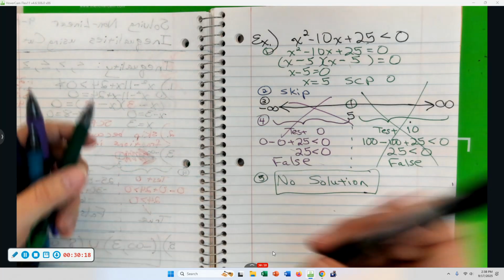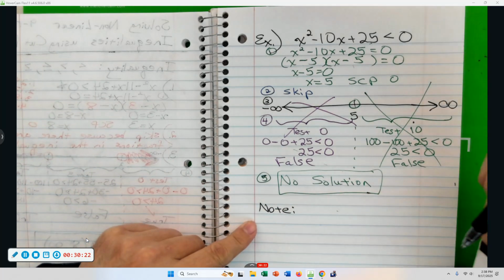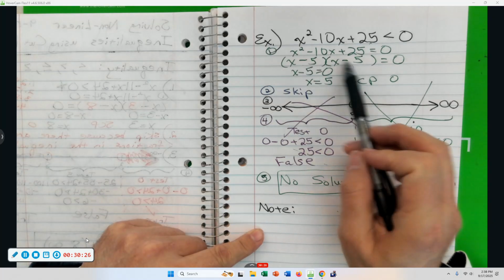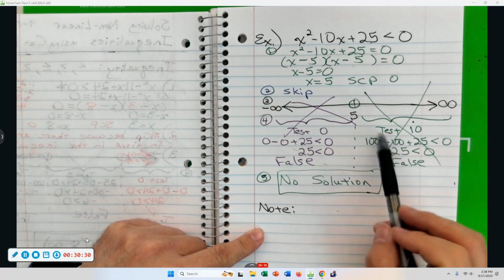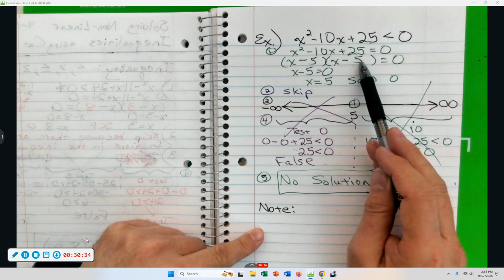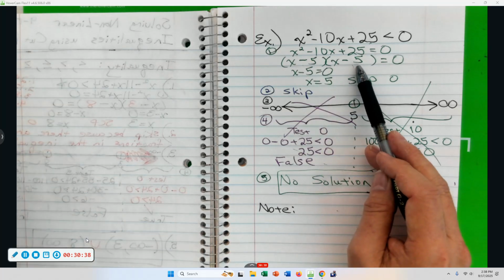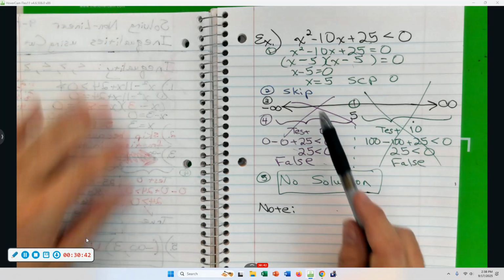Let's make a note. When we factored in the factoring stage, if you get repeated factors, you better check every interval. Repeated factors, y'all know what I mean by factors, x minus 5, x minus 5. Repeated factors, you expect it to, it may not alternate. You have to check every interval.